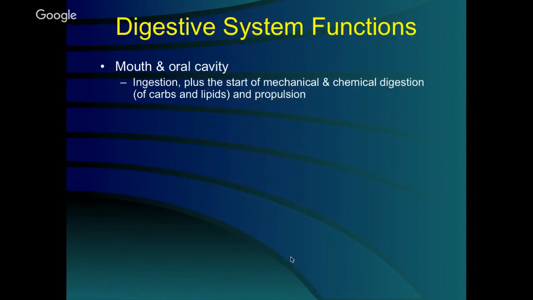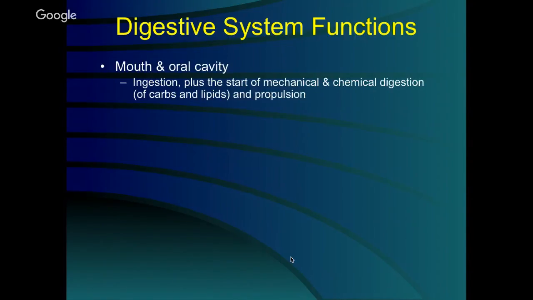So in the mouth and oral cavity, like I said, obviously this is the site of ingestion. This is where food comes into the system, but it's also where we start both mechanical and chemical digestion. Mechanical digestion is going to start because of the action of the teeth and tongue, and chemical digestion is going to start because of the action of the enzymes that are added to the mix in the mouth and oral cavity.